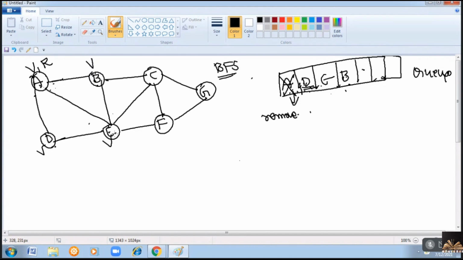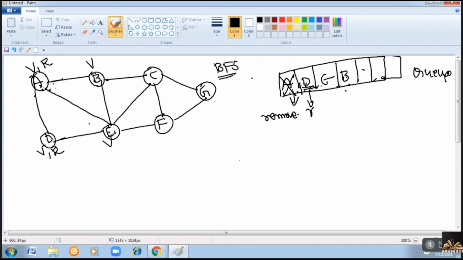E and A. A is already visited, E is already visited. Those which are not visited, you can insert into the queue. But you don't have such a vertex which is not visited. Therefore, you can remove D. Clear?